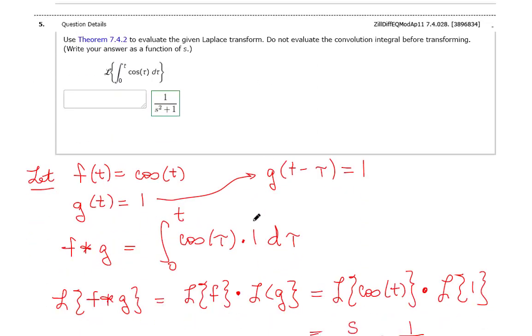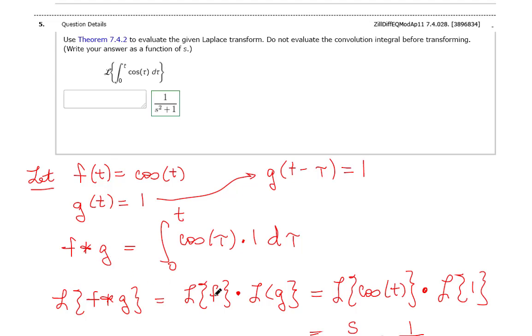All right, in question 5, they want us to perform the Laplace transform of this item, and they don't want us to actually evaluate the convolution integral. So what's going on here? Well, if you let f of t be the cosine of t, and you let g of t be 1, well, g of t minus tau is still 1. So I can recognize this as really a convolution of f and g.